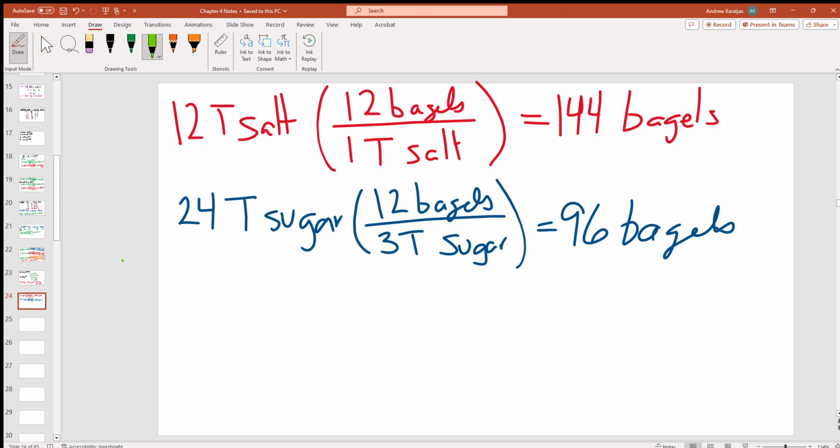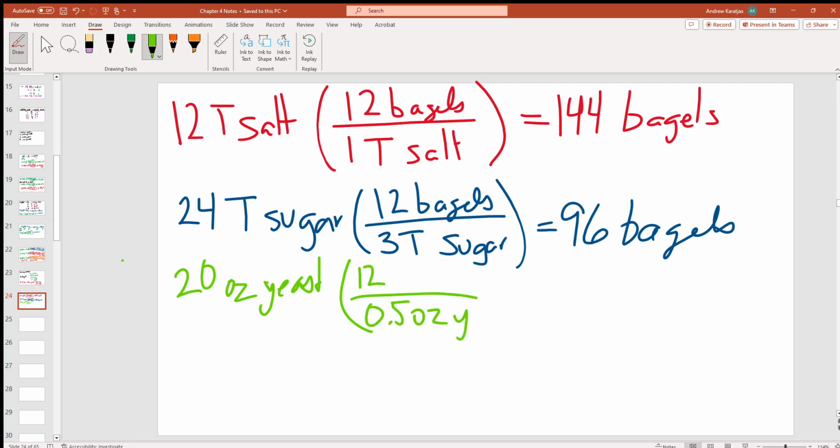How about the yeast? So we have 20 ounces of yeast. But we only require half an ounce. So here we've got enough yeast for 480 bagels. So clearly we're not limited by the amount of yeast that we have.